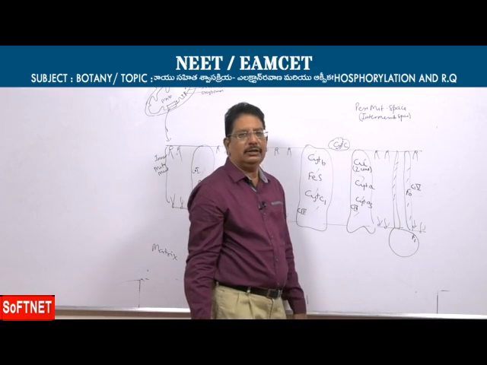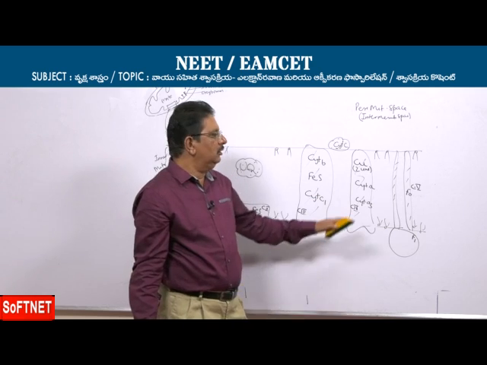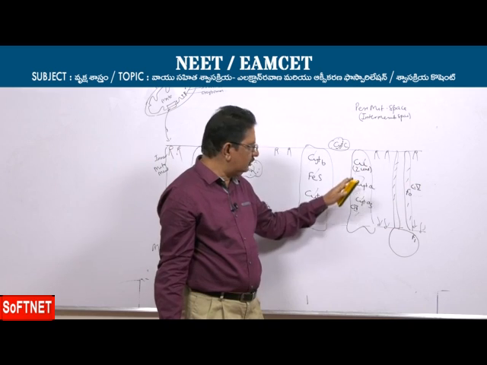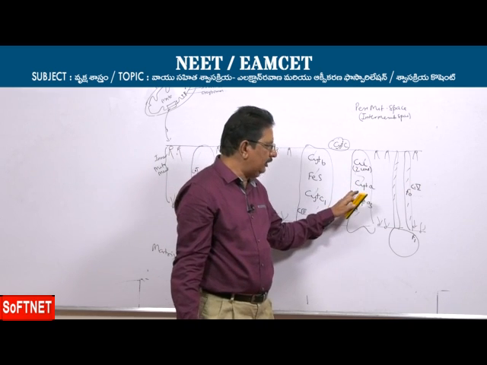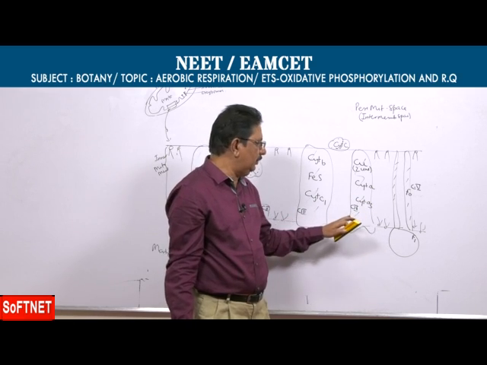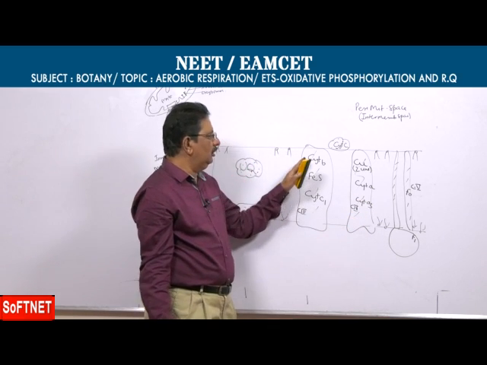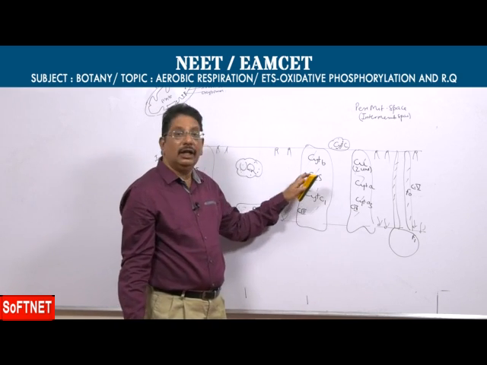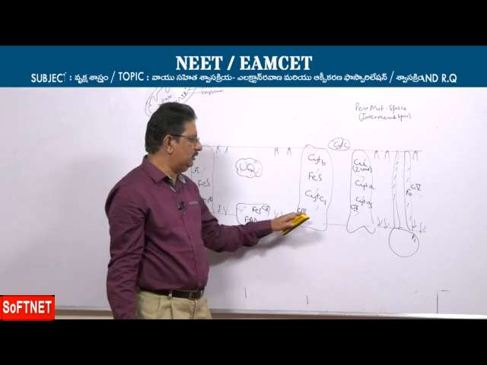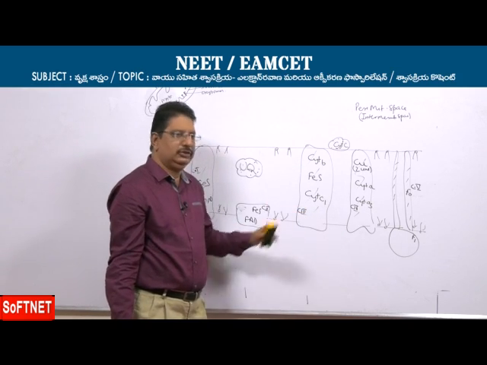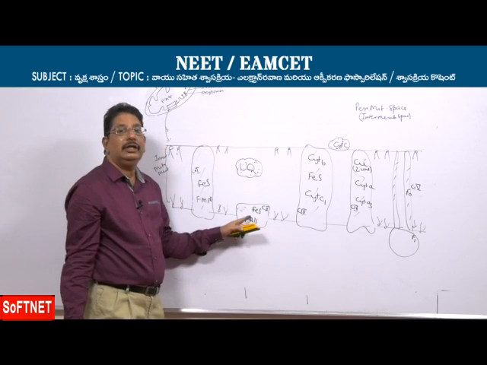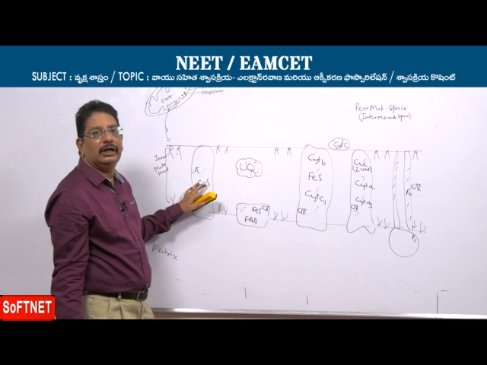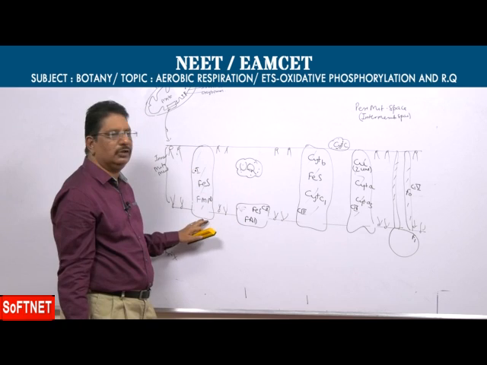So, F0, F1 are parts of complex 5, and 2 copper units and cytochrome A, A3 are the components of complex 4. Cytochrome B, cytochrome C1 along with iron sulfur centers are the components of complex 3, and FAD and iron sulfur centers for complex 2, FMN and iron sulfur centers for complex 1.